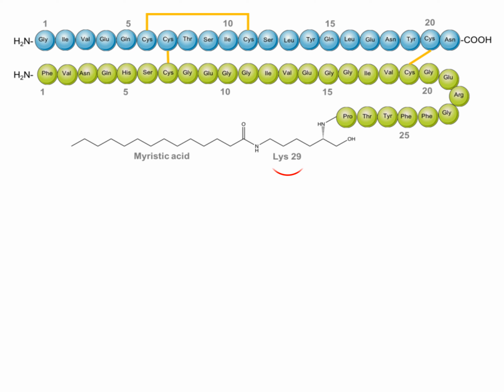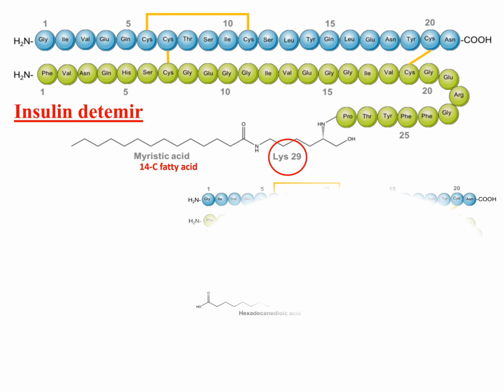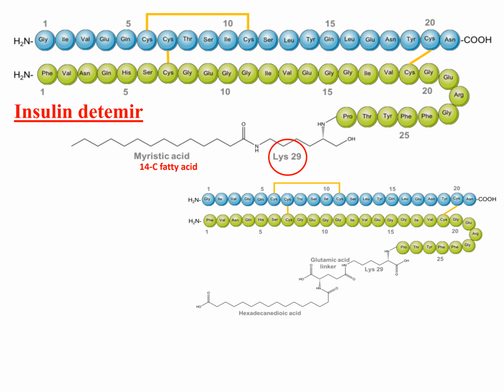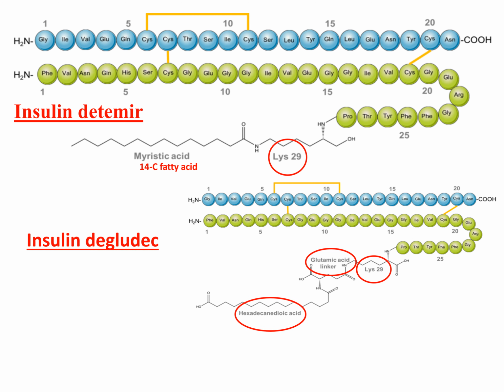And now you can see that by attaching a 14-carbon fatty acid to the beta chain at amino acid number 29, that will lead to insulin detemir. Also, if we attach to the beta chain through amino acid 29, by a linker glutamic acid, a specific acid here, you can see that we are producing insulin degludec.